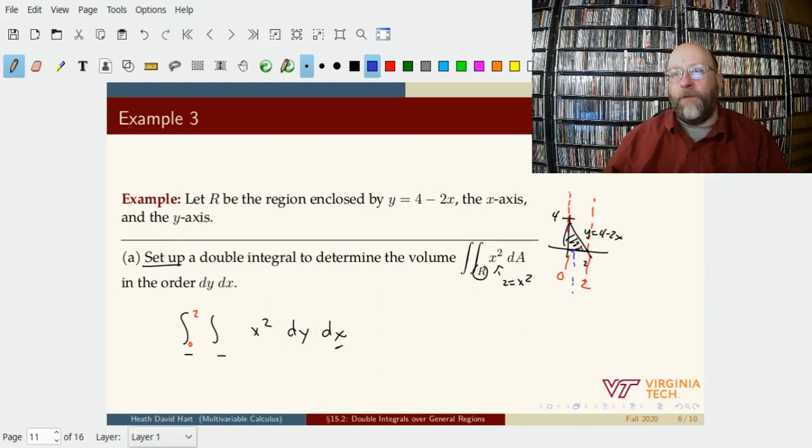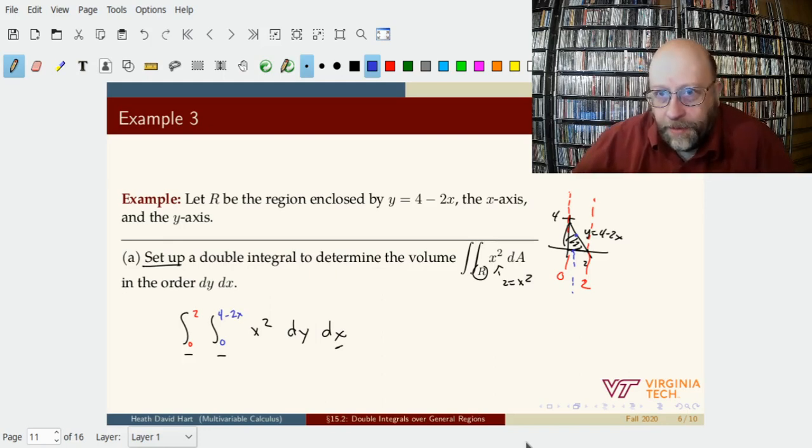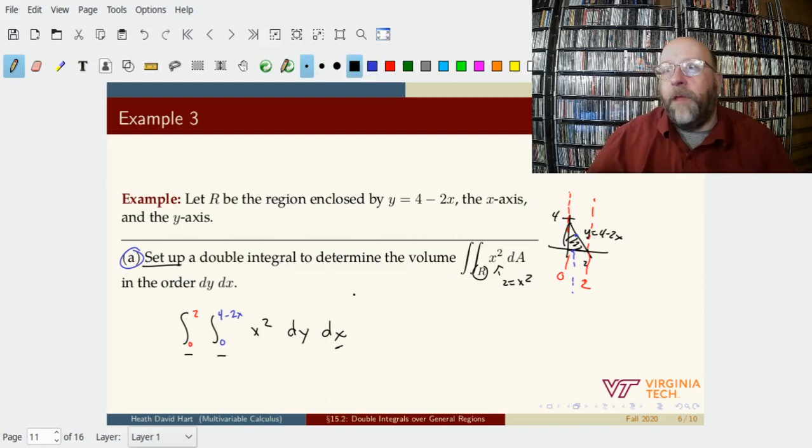See where we enter the region. We enter the region along this horizontal line, which is y equals 0, and we leave along this diagonal line, which is 4 minus 2x. And that's the setup for this problem. Okay. Well, this is part A. Part B says to try that same setup again in the opposite order and see what happens. So let's do that, okay?